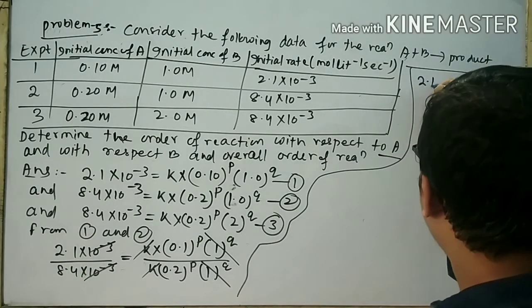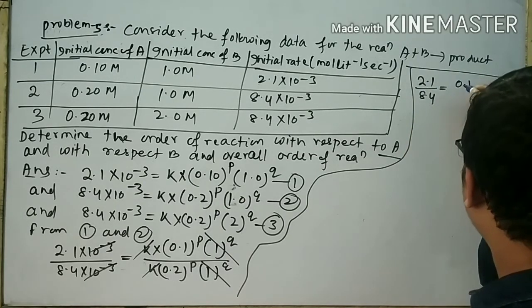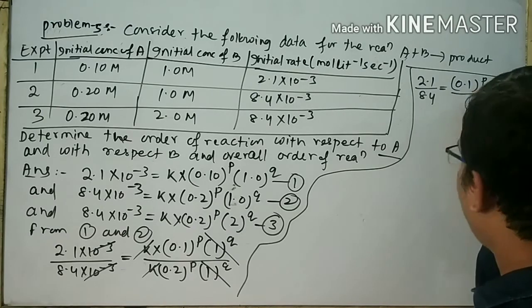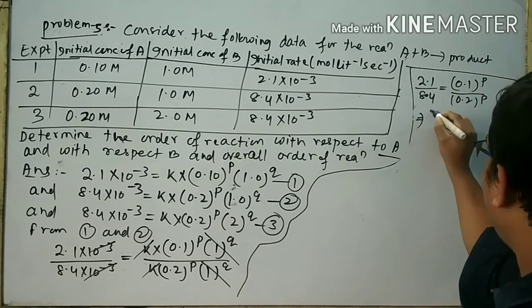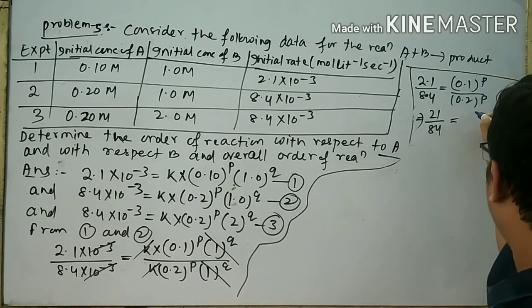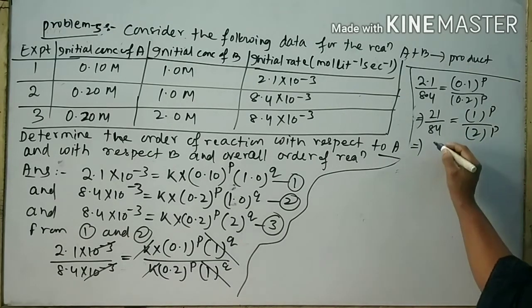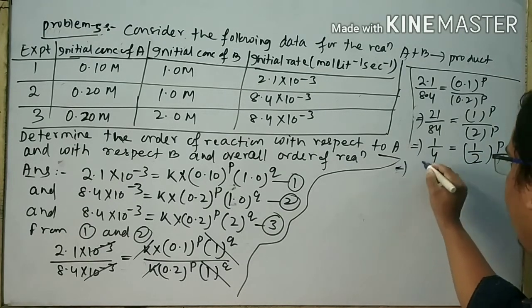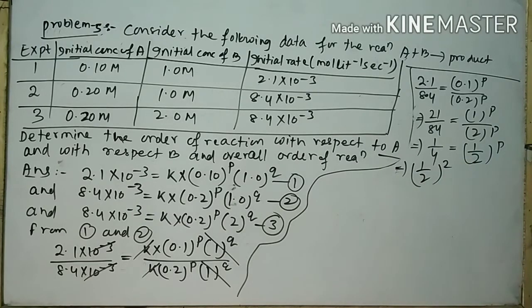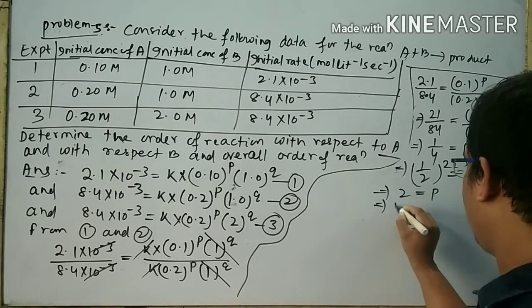Now I can write 2.1 divided by 8.4 equal to 0.1 to the power P divided by 0.2 power P. Now I can write 21 by 84 is equal to 1 to the power P divided by 2 to the power P. Imply that I can write 1 by 4 equal to 1 by 2 to the power P. Imply that 1 by 2 whole to the power 2 is equal to 1 by 2 whole to the power P. Imply that 2 is equal to P, that is your P is equal to 2.